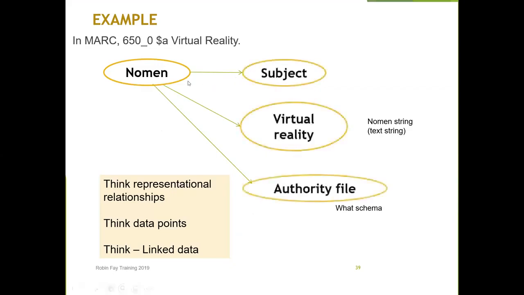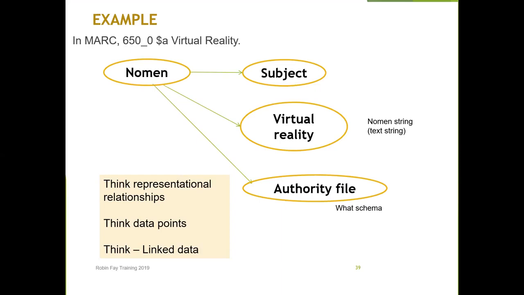Same sort of thing. Gnomon to subject, we have here virtual reality, and then where are you going to get that information from? The authority file. So just think about them as representing a relationship. So it's a representational relationship. And then think about the data points and think about the linked data.